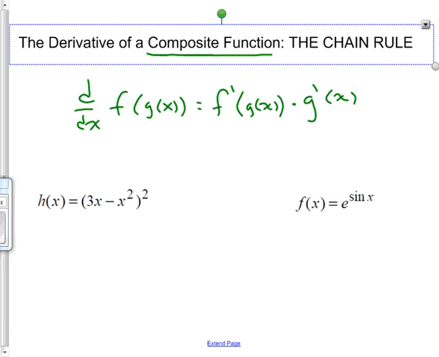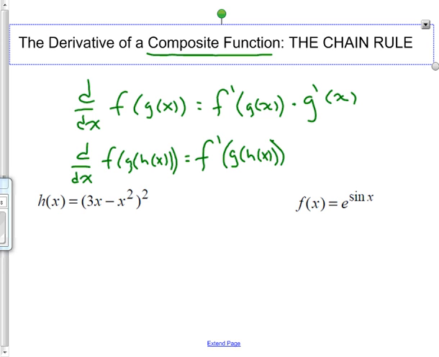And just to extend this beyond a two-function composition, if I had f of g of h of x, the derivative of this would be the derivative of the outer with the inner still in there, so f prime of g of h of x. And then working outside in, times, now we're going to multiply.